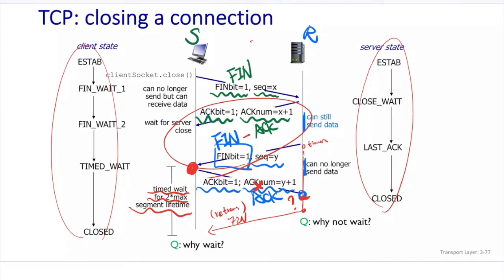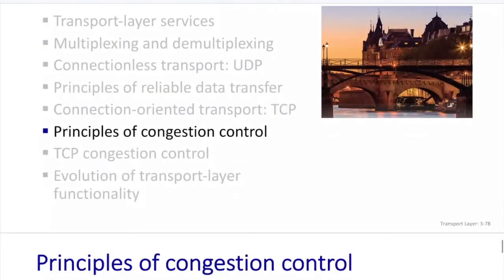So in case the last ACK gets lost, the client has to wait, just in case the server did not get the ACK and the timer times out and it retransmits the FIN again. That is at the client side, because it is the one who sent the last ACK, so it has to wait. Okay, so that is TCP closing a connection.